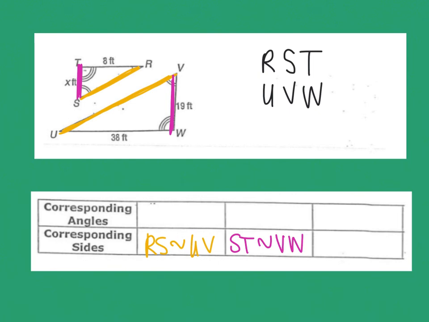My last combination would be my first and last letter, R and T. R and T is similar to U and W because that's the first and last letter. So those would be my third color combination. R to T is the same as or similar to U to W. Okay, now I can go list my angles as well.